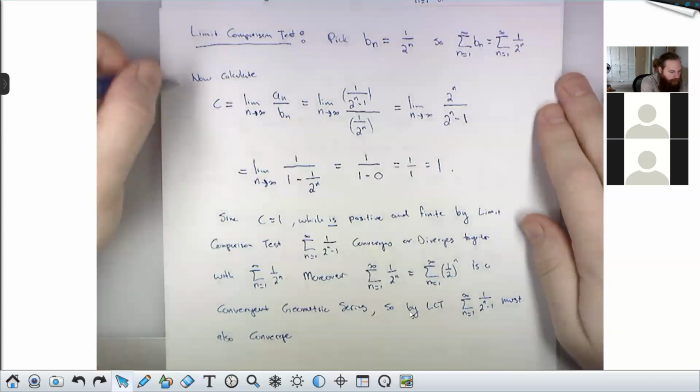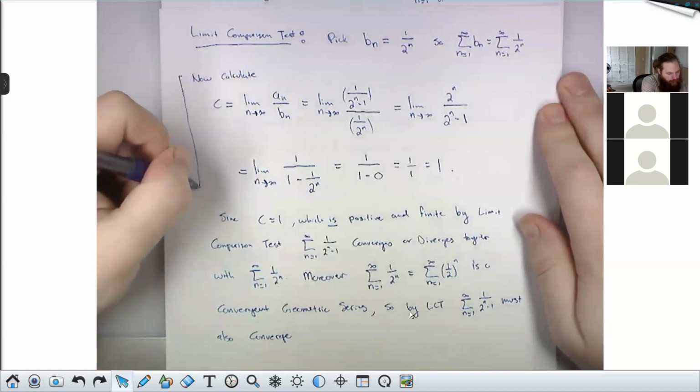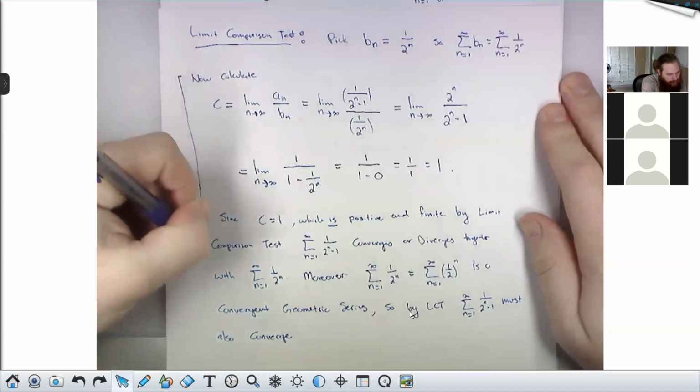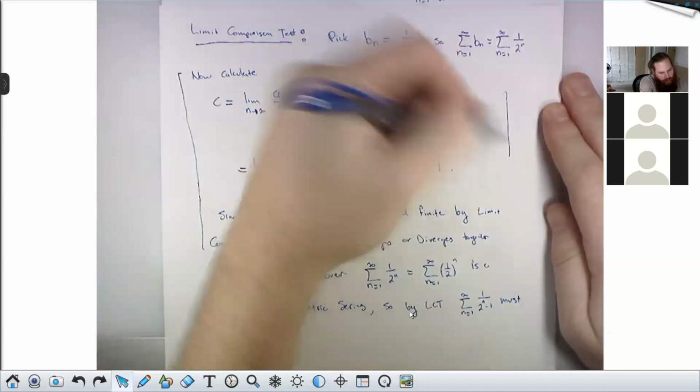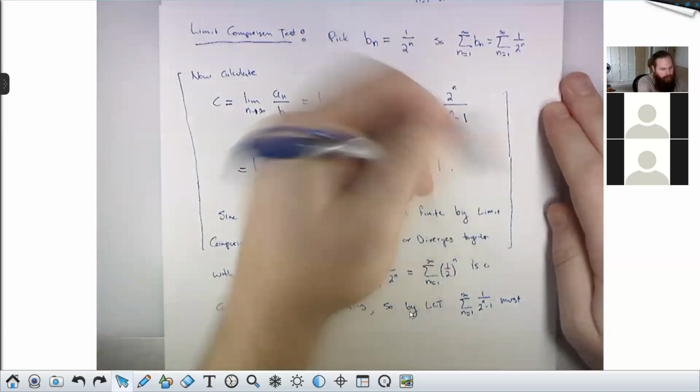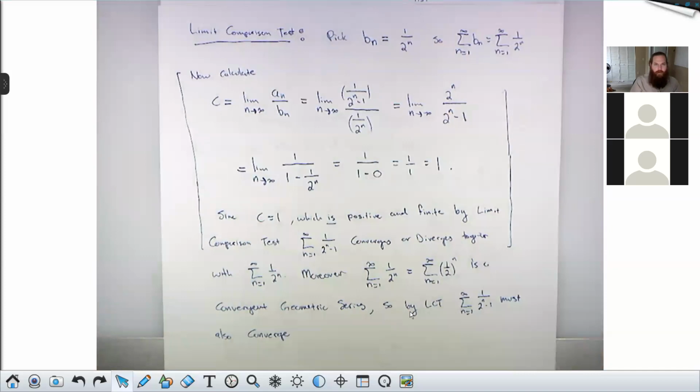All of this stuff says that the two series in question, sigma 1 over 2 to the n minus 1 and sigma 1 over 2 to the n, they do the same thing. The boxed stuff here proves that my series and sigma 1 over 2 to the n do the same thing.